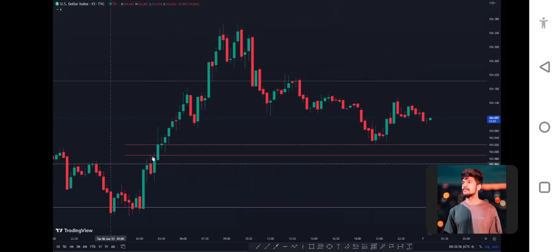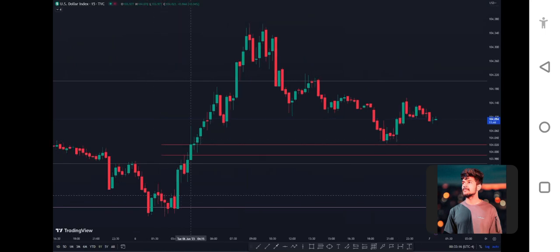You guys can see this, but I don't personally think that price will really reach here. I don't know, it can. If it comes down, I really don't think that price needs to come here.